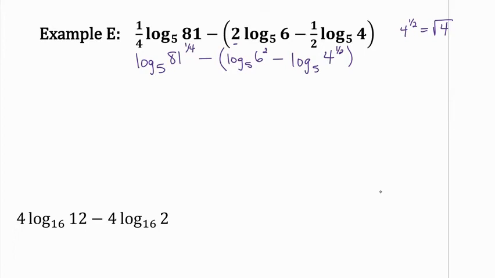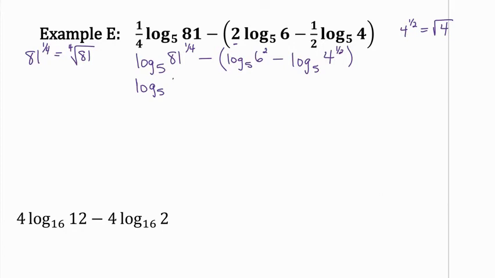And again, 81 to the 1/4 power, that means the 4th root of 81, right? Okay, so let's go ahead and do those calculations first here. So log base 5, if I went 81 to the 1/4 power, that's the 4th root of 81. So what number times itself 4 times will make 81?